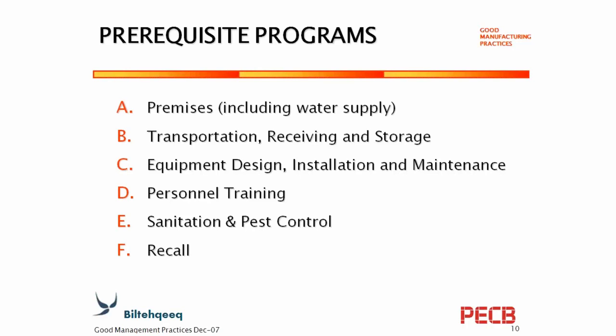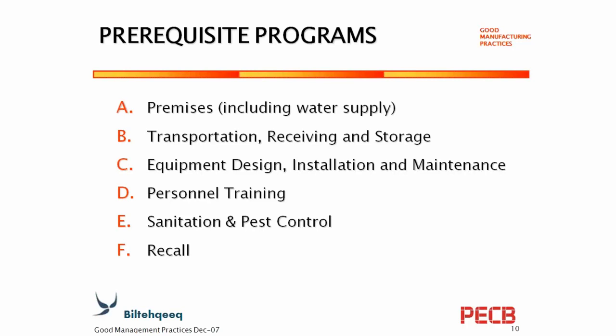And the other issue is the recall. If something bad happens, then you have to have a proper system of recall, a process and procedure so that you can recall all these products, even if they are anywhere in your supply chain.